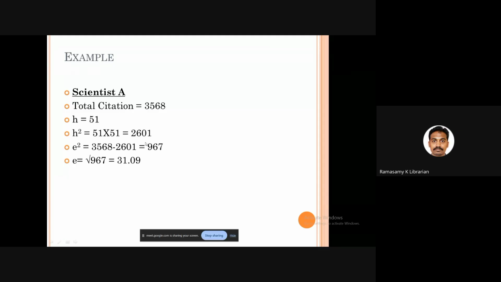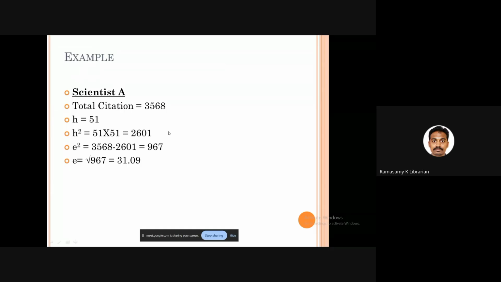A 51 H index means each one of the 51 papers has received at least 51 citations. So 51 into 51 is equal to 2601. If he has received 2601 citations, he can very well get an H index of 51.